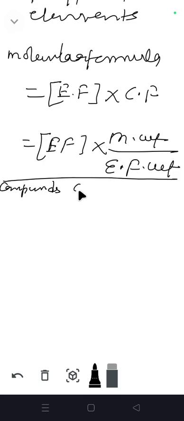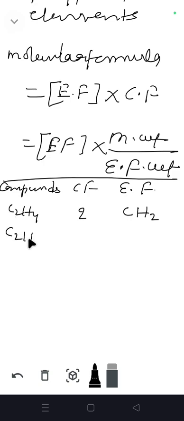Like C2H4, the common number is 2. That is called the common factor. If we divide the numbers of C2H4 by 2, we will get the simplest formula, that is CH2. In this formula, carbon and hydrogen have the simplest ratio, 1:2.